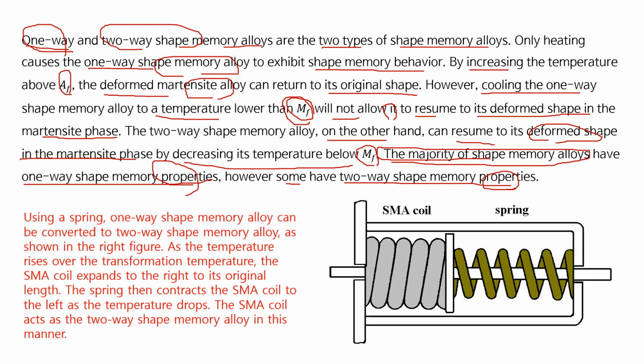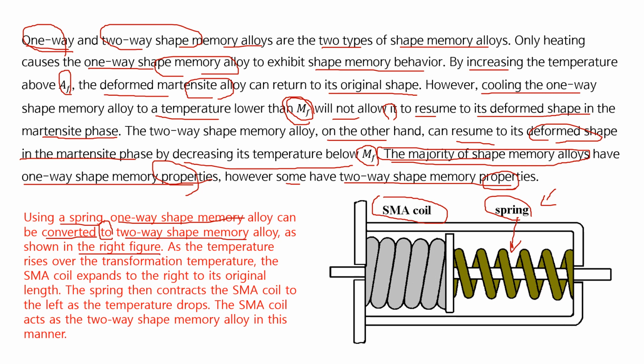So this is one example of a shape memory alloy coil. And this is the spring. Using this spring, a one-way shape memory alloy can be converted into a two-way shape memory alloy, as shown in this figure.